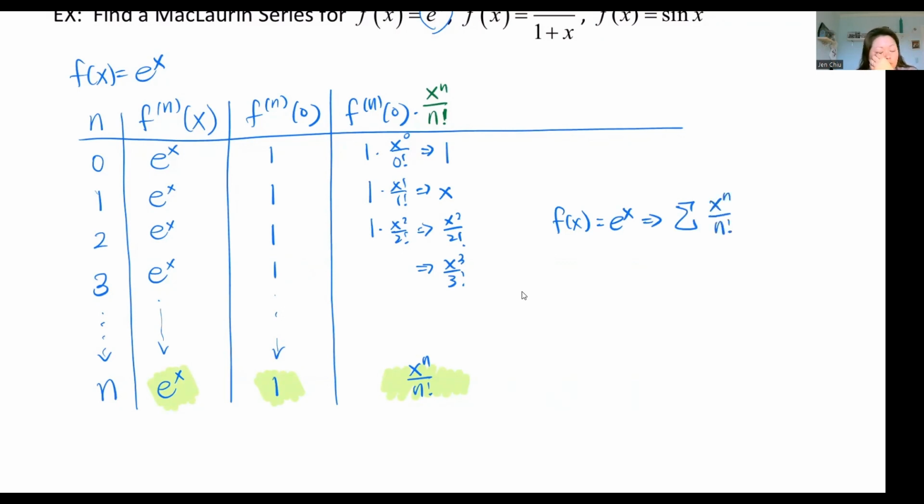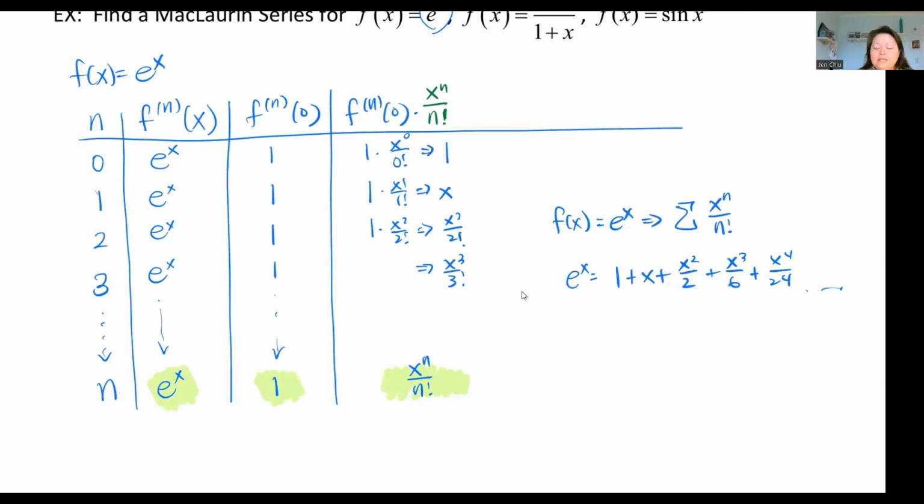So what does this mean? It means that, back in the day, if a mathematician wants to find e cubed within a certain number of decimal places, then that determines how many terms you're adding up. If I want to find e cubed, I just expand it out, because I know e to the x is equal to 1 plus x plus x squared over 2 plus x cubed over 6 plus x to the fourth over 24, and so on.